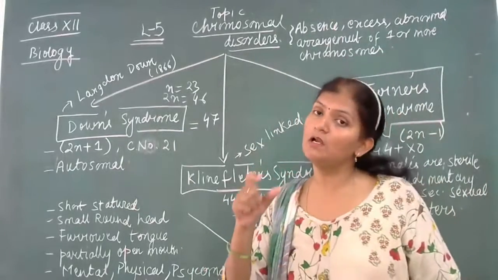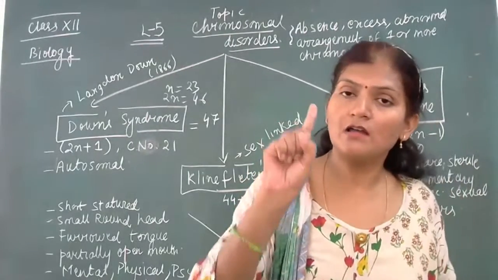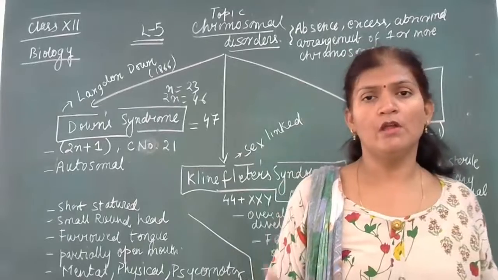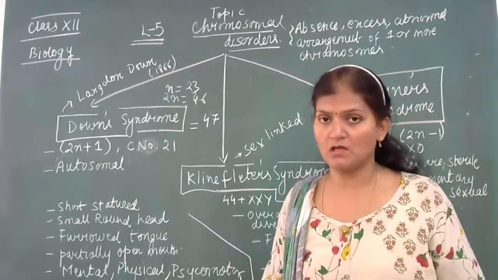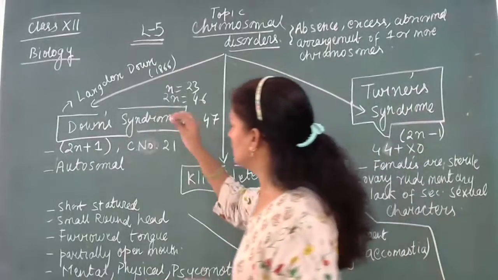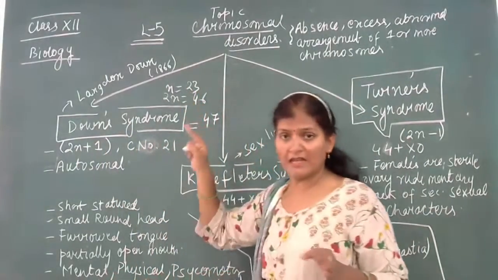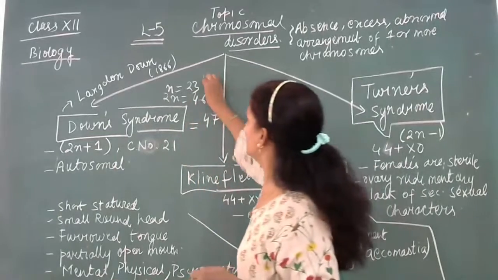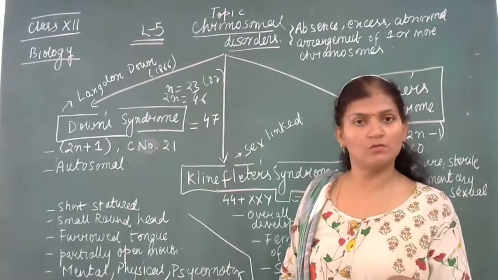Autosomal chromosomal disorder means there is the addition of one wrong chromosome, not in the sex chromosome pair, but in the autosomes. Total n is 23. All these 22 are autosomes, and a single one is the sex chromosome pair.